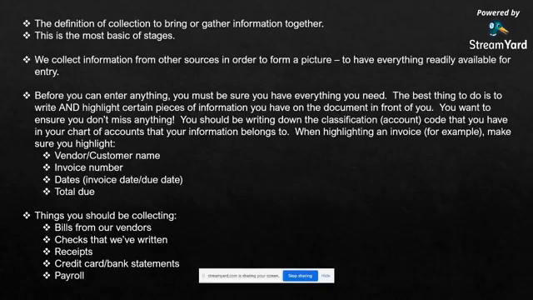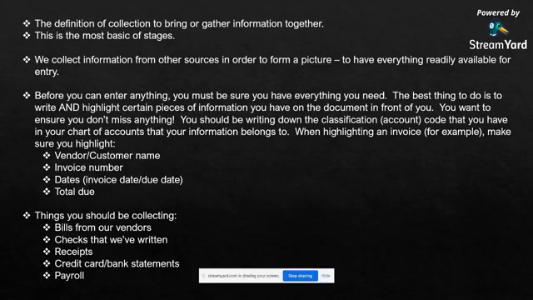The definition of collection is to bring or gather information together. Pretty self-explanatory. This collection is the most basic of all accounting or bookkeeping stages. Without the collection stage, you can't do anything.